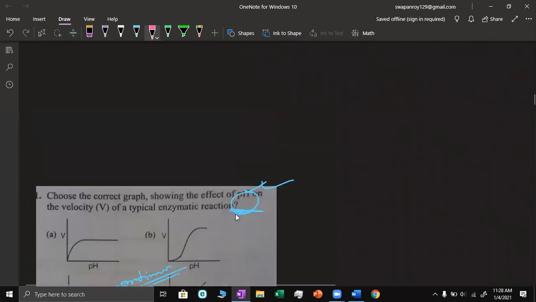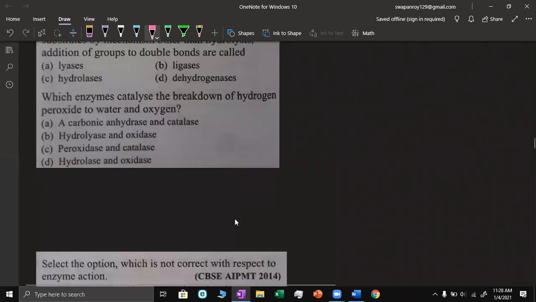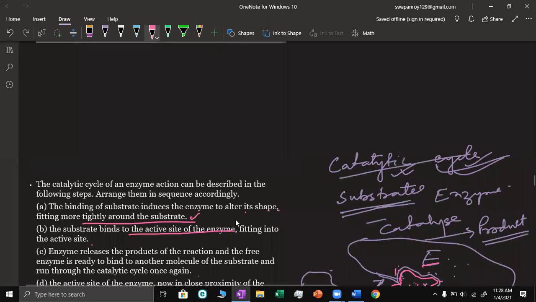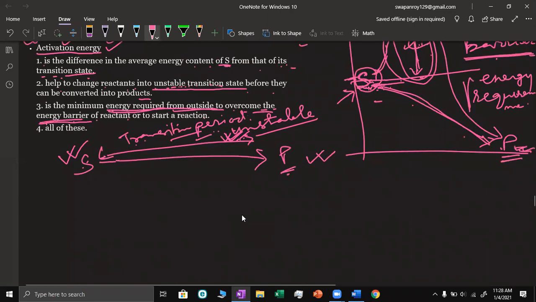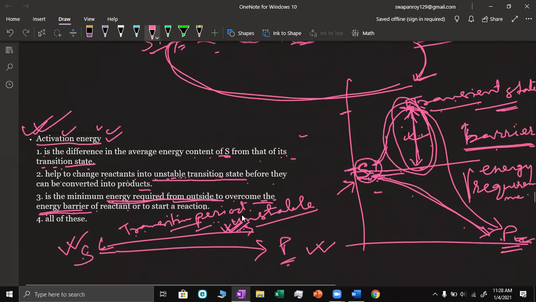All three are proper definitions of activation energy: the difference between the energy of the two states, the unstable condition, and the energy required from outside to overcome the energy barrier.